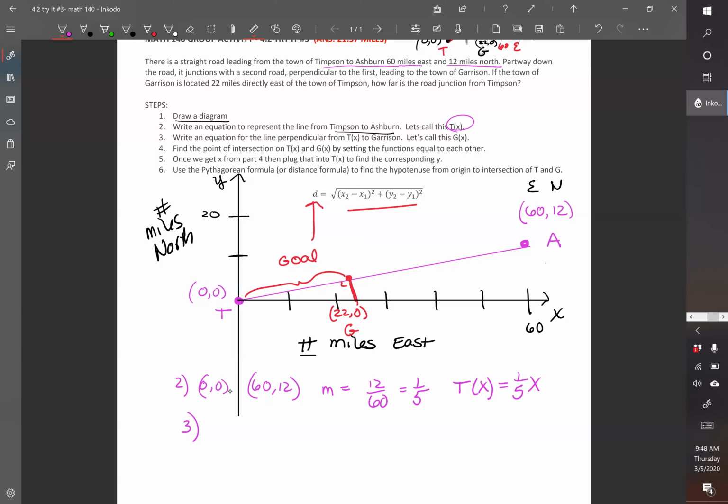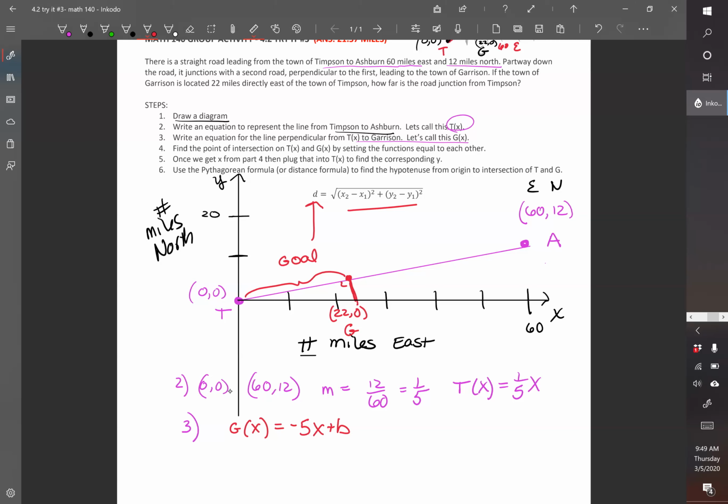Then step 3, we're going to get the equation from T of X to Garrison, that perpendicular line in the red there. So G of X will be minus 5x plus b. We have to find b. Remember, the perpendicular line is going to have the opposite reciprocal slope.